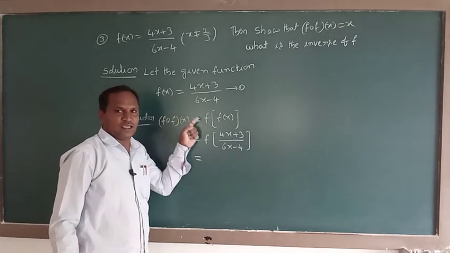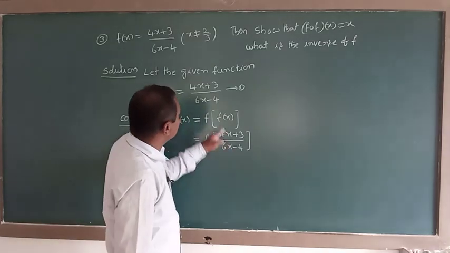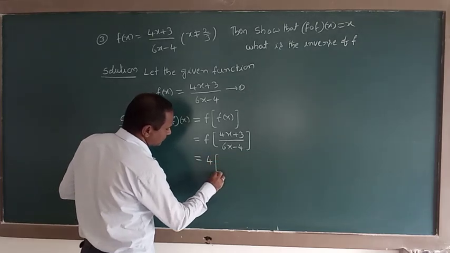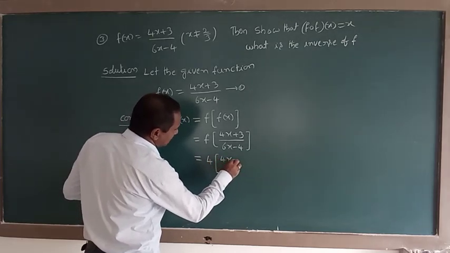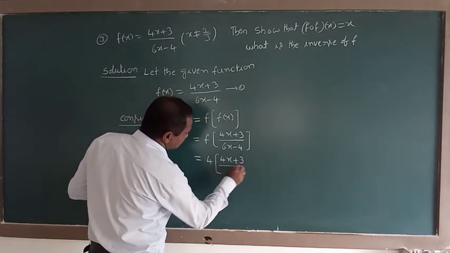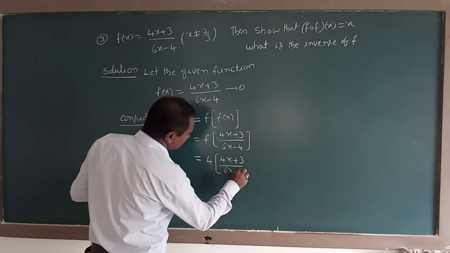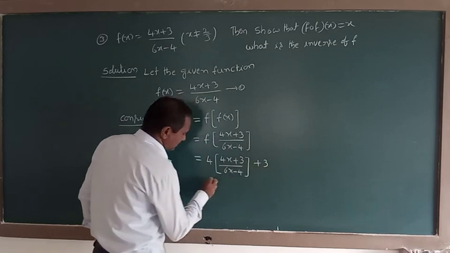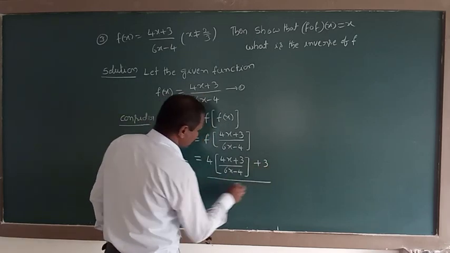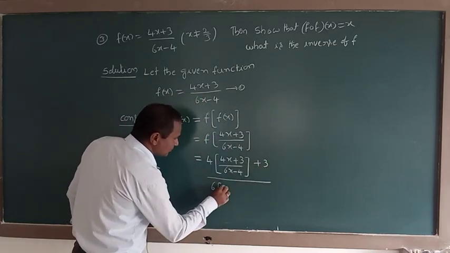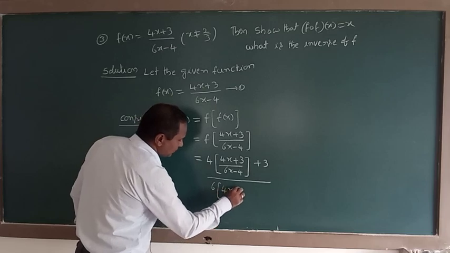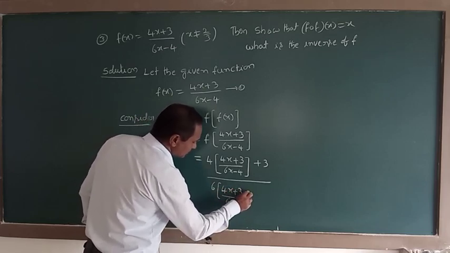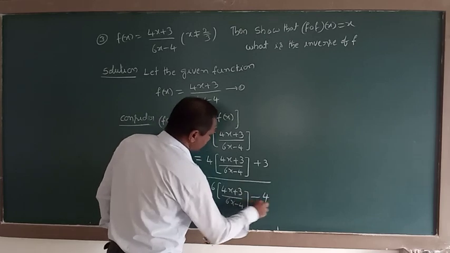That's why once again we are going to substitute this in place of x. It is 4 into (4x plus 3) whole divided by (6x minus 4), plus 3, whole divided by 6 into (4x plus 3) whole divided by (6x minus 4), minus 4.